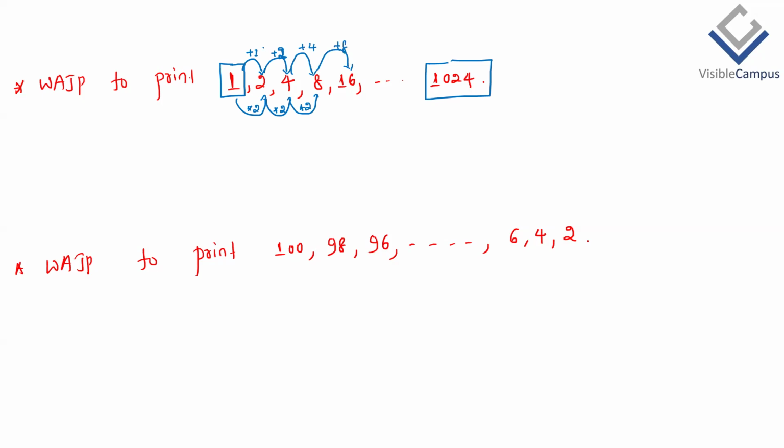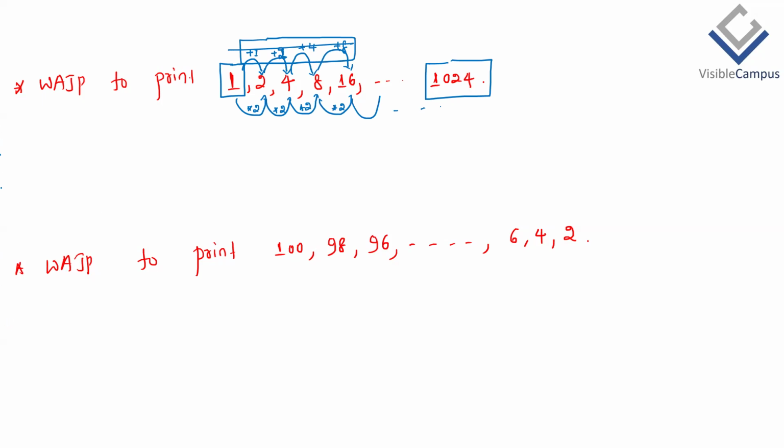Can we write some loop for this? Can we have some incrementation for this kind of numbers? No, therefore it is ruled out. That pattern is not happening. Then which pattern is happening? Into 2 is the pattern which is happening in this increasing order up to 1024. Then how do you write a loop?